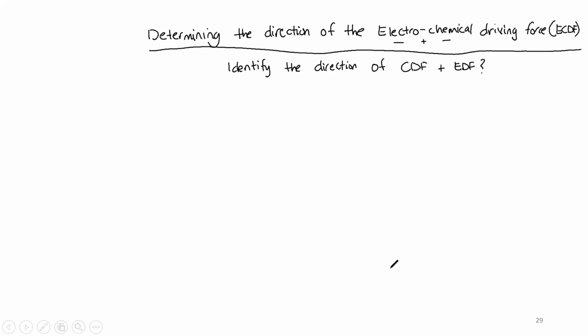The next thing we do is we will have two different scenarios here. The first scenario is that both of these forces, the chemical driving force and the electrical driving force, are in the same direction.